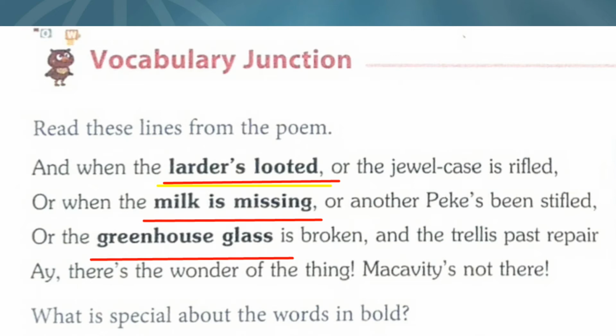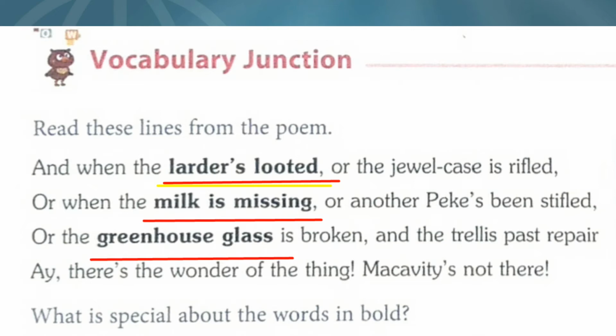Let me stop it now. Just look at the highlighted words. The word larder, the beginning sound is L, that is the consonant sound. Look at the nearby word looted, that is also the same consonant sound and letter.